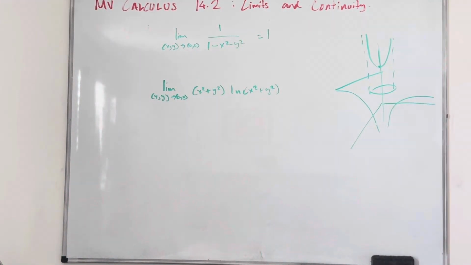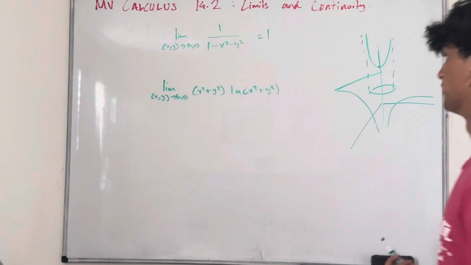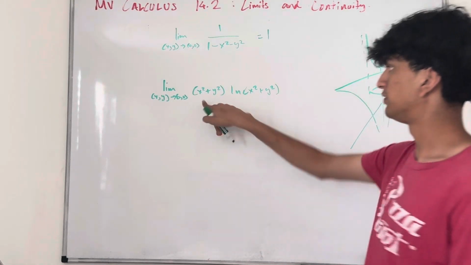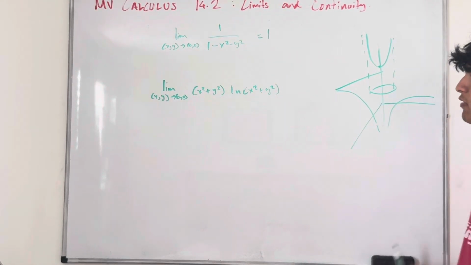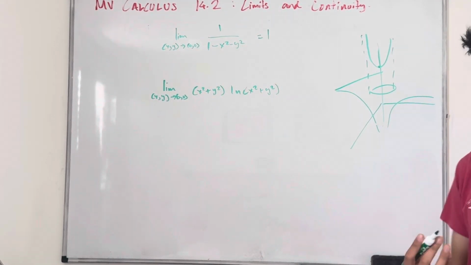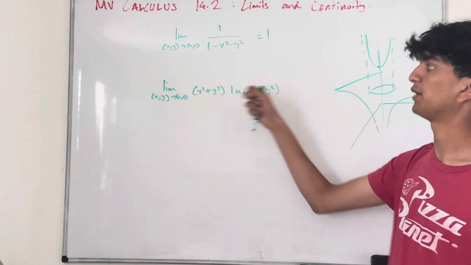Now, if I were to substitute in 0 and 0, I would get 0 times ln 0. ln 0 is negative infinity. So I get the form 0 times negative infinity.